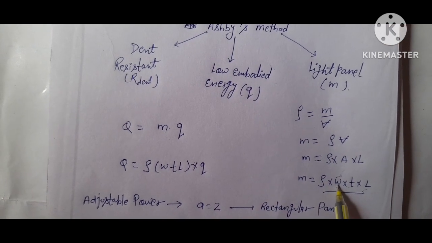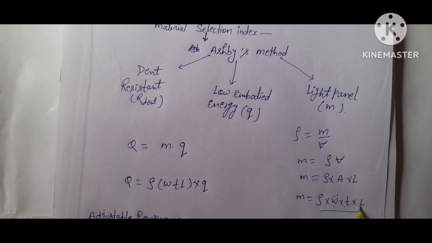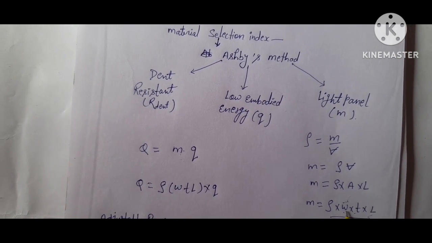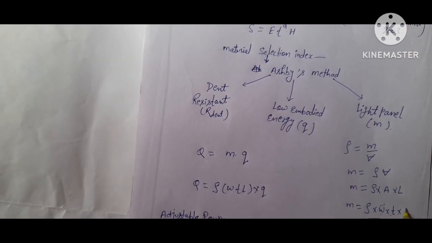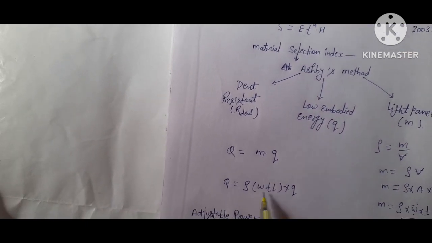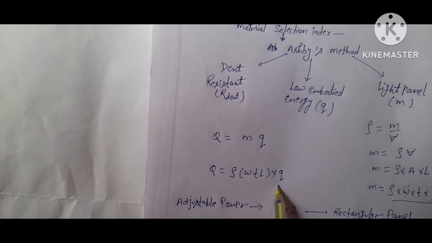W is the panel width, L is the panel length, T is the panel thickness, and rho is the panel density.